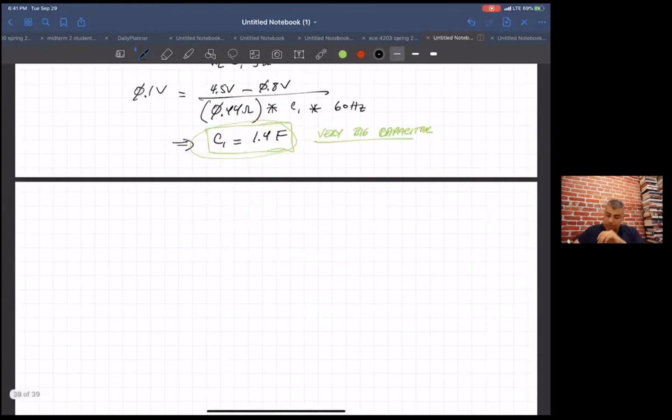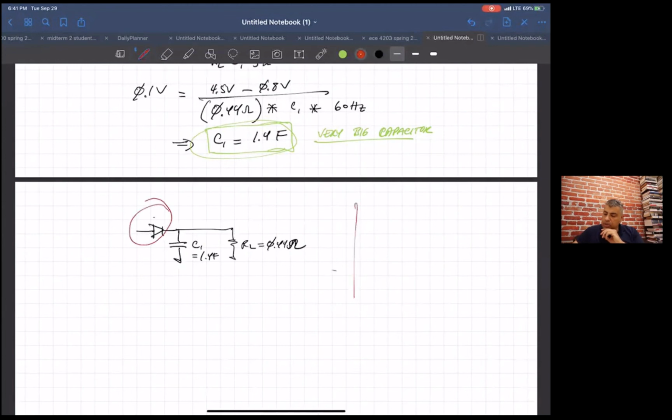So let's say we have this gigantic capacitor, a C1 of 1.4 farads or something, and then you have your R sub L, which is 0.44 ohms.